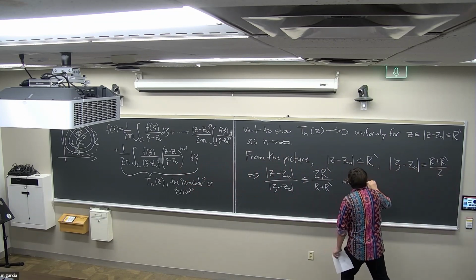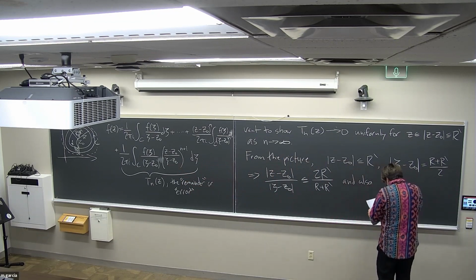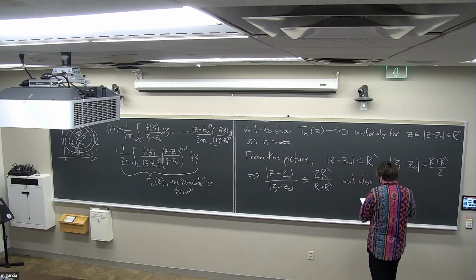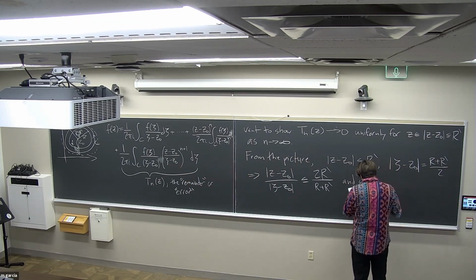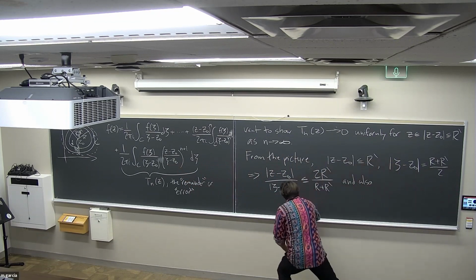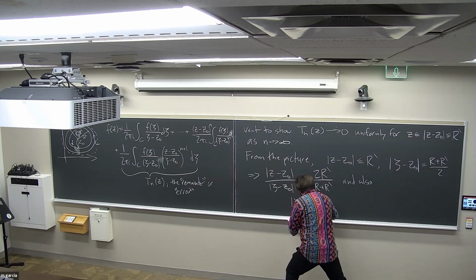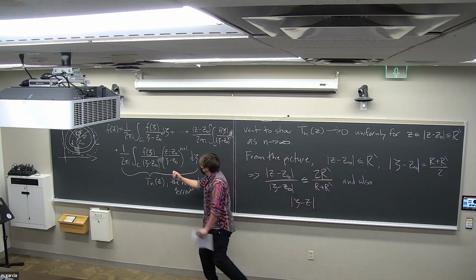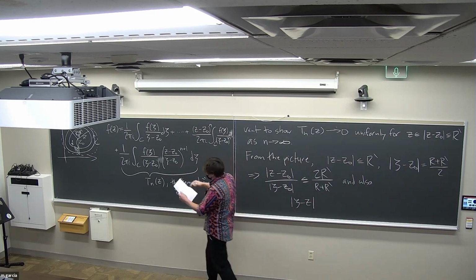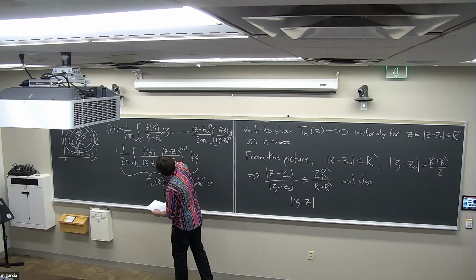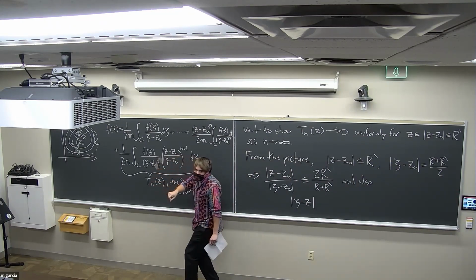Also we have the following, and I'll ask you to tell me why. The modulus of zeta minus z, sorry, this isn't the z naught, this is the z in the error term.